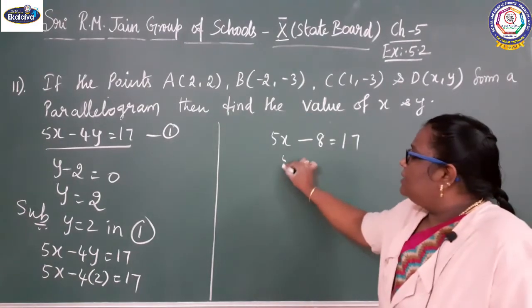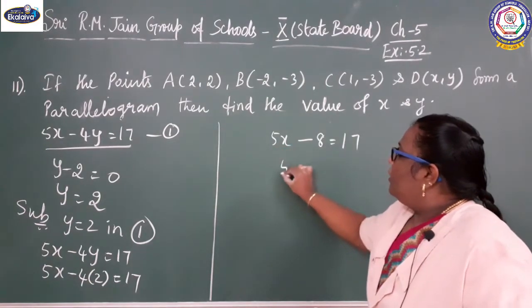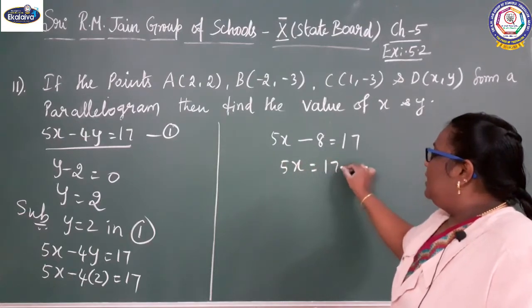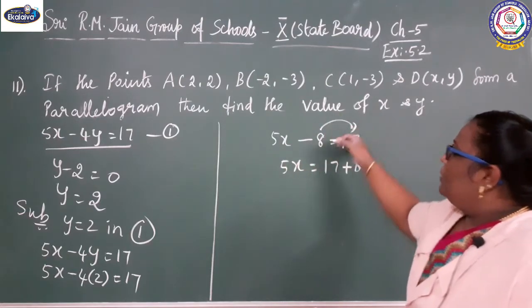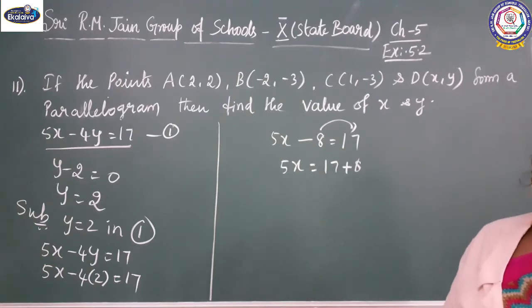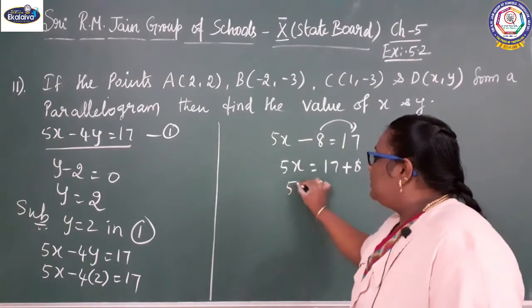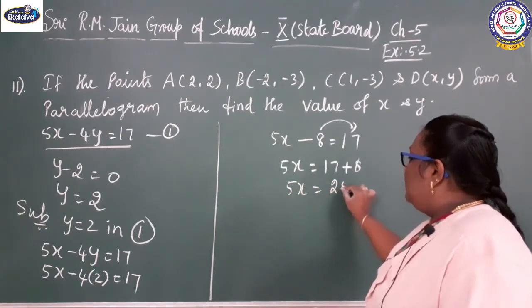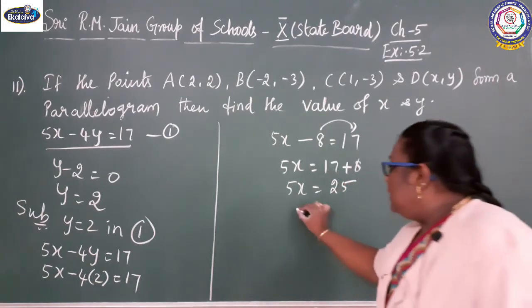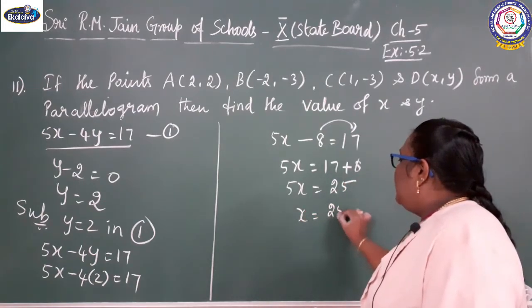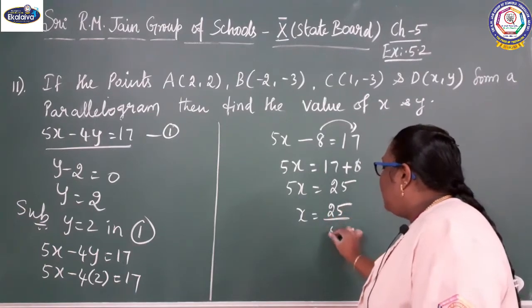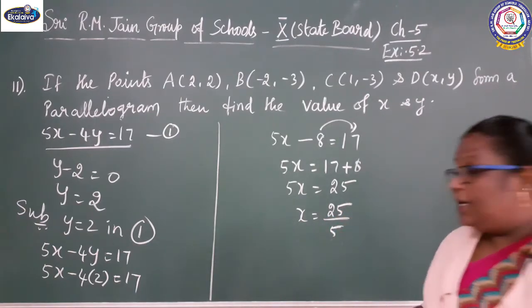So 5x equal to 17 plus 8. You bring this 8 to the right hand side. So 5x equal to 25. X equal to 25 by 5. So what is the value of x?